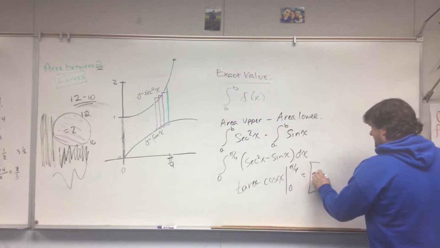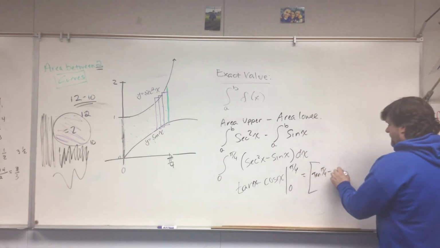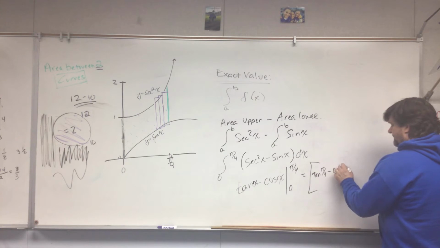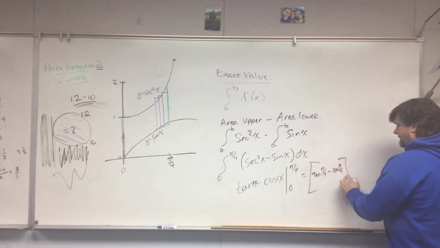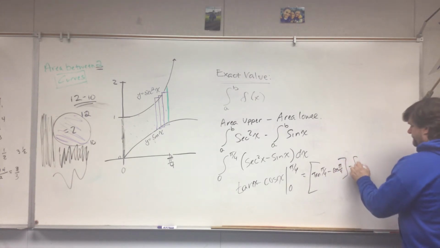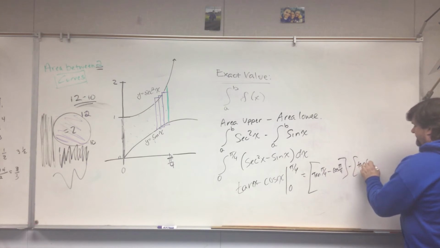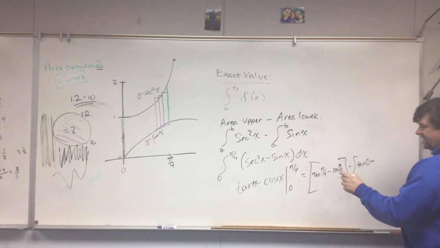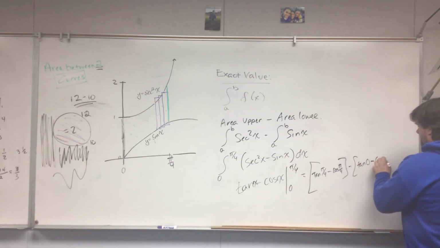So I'm going to go with the tangent of pi over 4 minus the cosine of pi over 4, minus the tangent of 0 minus the cosine of 0.